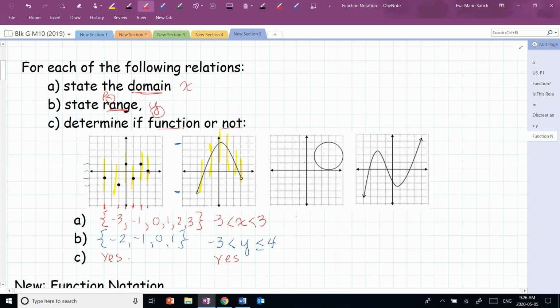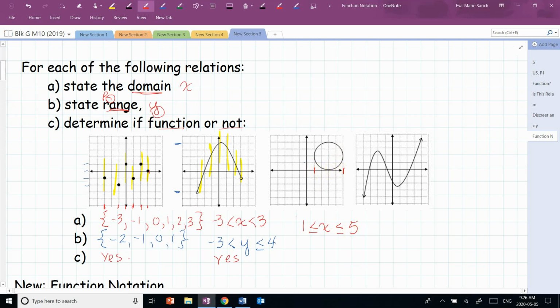Looking at our third example, for our x values, we're looking at the lowest x value and the highest x value. So x is going to be greater than or equal to the lowest value, which is 1, and less than or equal to the highest value, which is 5.